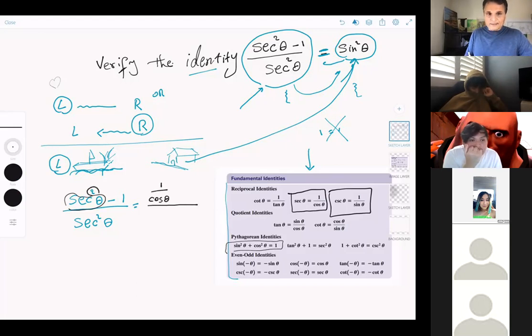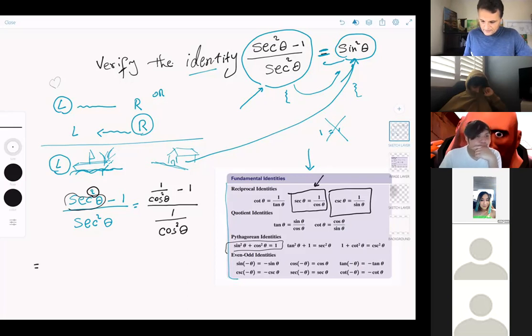Because it's a square, I add a square here. Minus 1 over cosine squared theta. All right. So far, we didn't do anything wrong. Instead of secant, following this note, I put 1 over cosine.